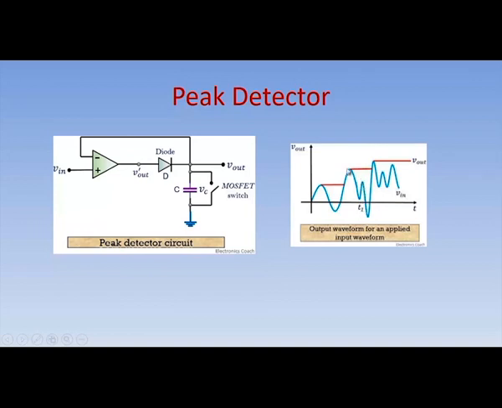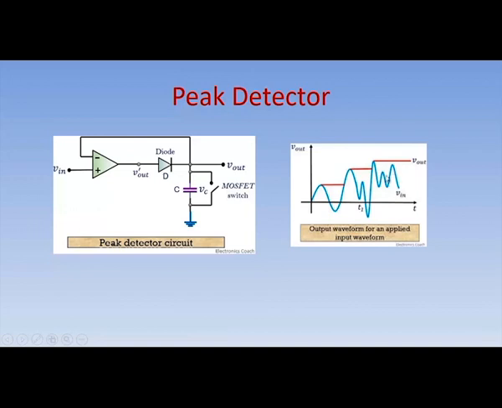This is because the capacitor voltage is already very high and the input voltage is low. So, in that case the diode will be off. There is no connection between the output and the input. So, the capacitor keeps the previously stored higher peak value. So, this peak is missed out.